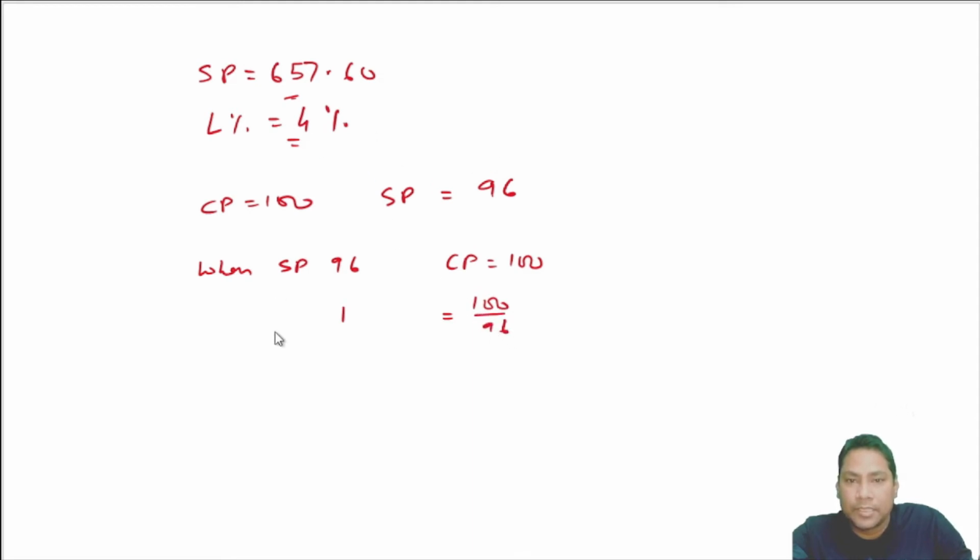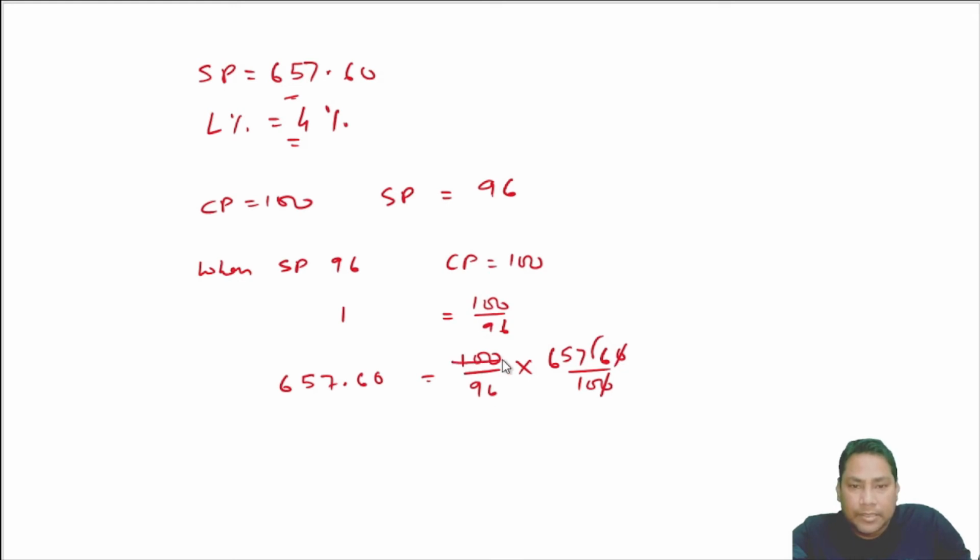So we have the selling price of 657.60 rupees, and this will become 100 divided by 96 multiplied by 657.60. First we will convert the decimal. This will become 100, 0 and 0 cancels.